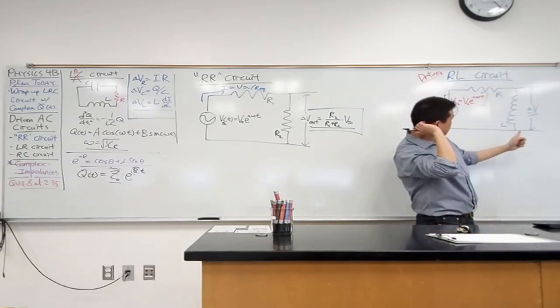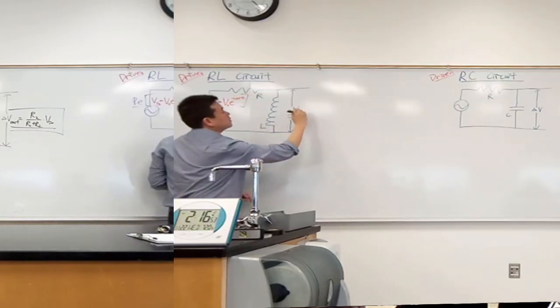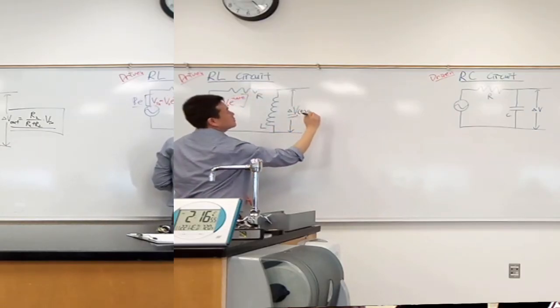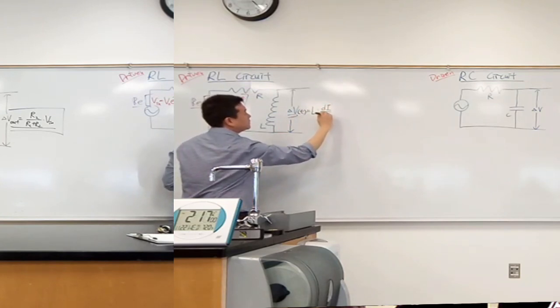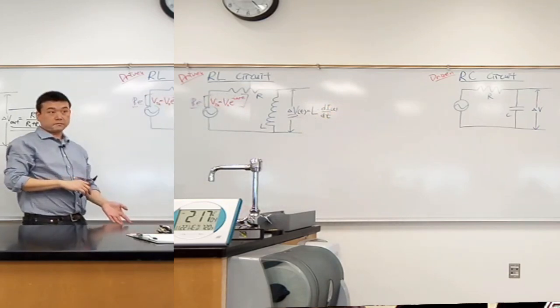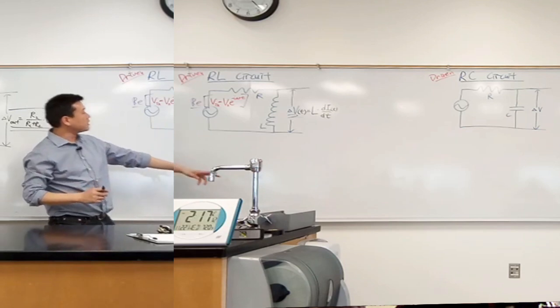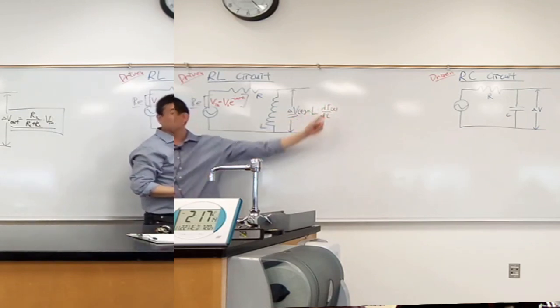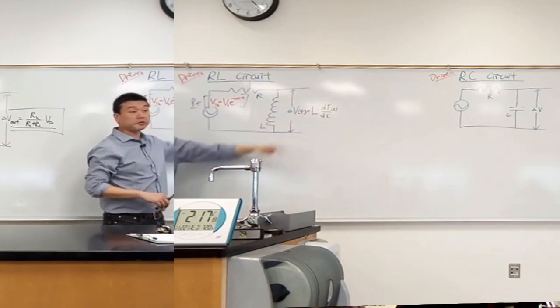The voltage across the inductor, as a function of time, is equal to the inductance times di/dt, still a function of time, right? So I should try to get an expression for the current I, and then I can take the derivative and figure out this voltage across the inductor.